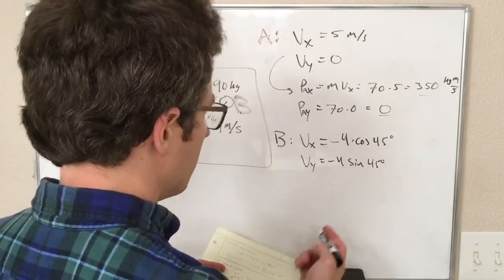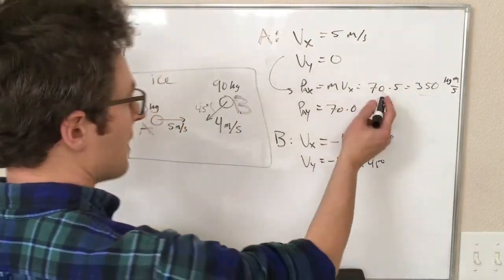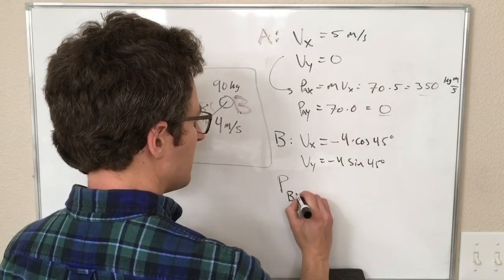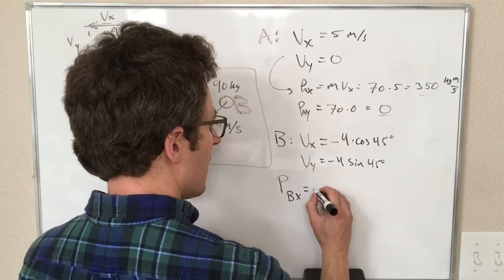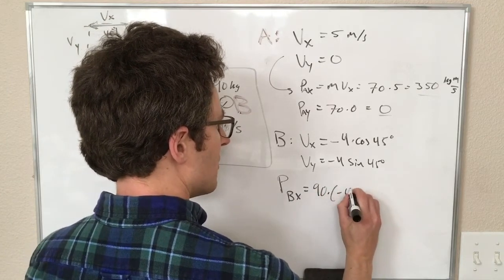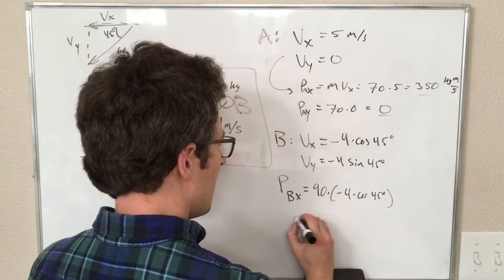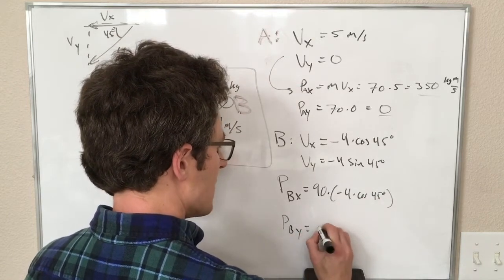So before I bother plugging these in, we're going to have to multiply them by 90. So let's just do all that at once. So Pbx is equal to 90 times minus 4 times the cosine of 45 degrees, and Pby is the same.